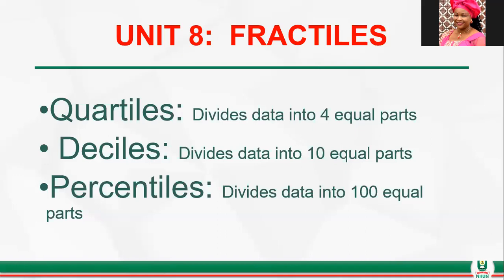For the percentiles, it is a way of expressing where an observation falls in a range of other observations. And in the case of the percentiles, it's divided into 100 equal parts.